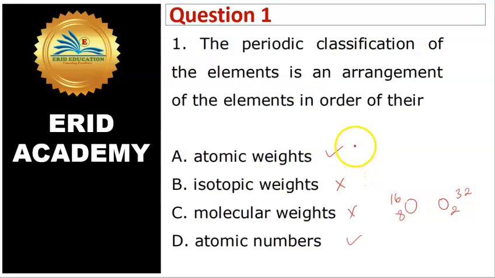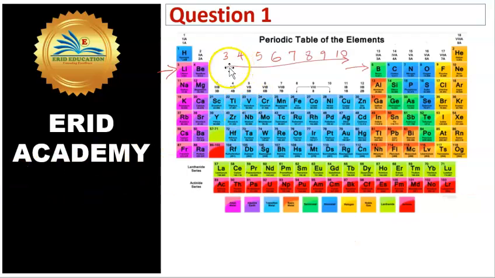It is just by coincidence that, if elements are arranged in order of increasing atomic number, the atomic weight will also increase accordingly. For example, you would expect that neon will have a higher atomic mass than fluorine, and fluorine will have a higher atomic mass than oxygen.